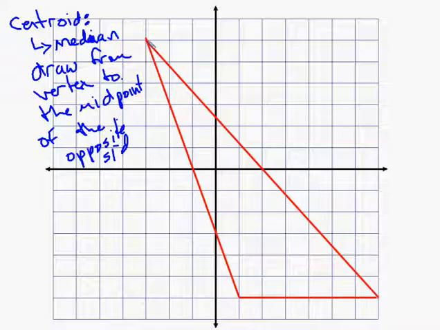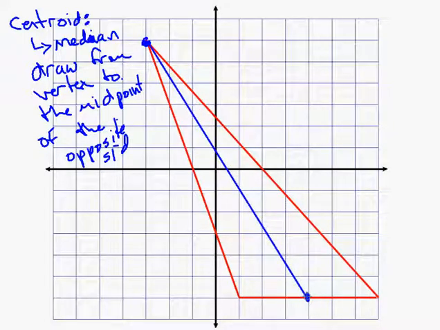Okay, so if I choose this vertex right here, this is the opposite side, and this is the midpoint of that opposite side. So I will connect. And the centroid is always going to be inside the shape. It wouldn't make sense for the center of gravity of a triangle anyway to be anywhere else.